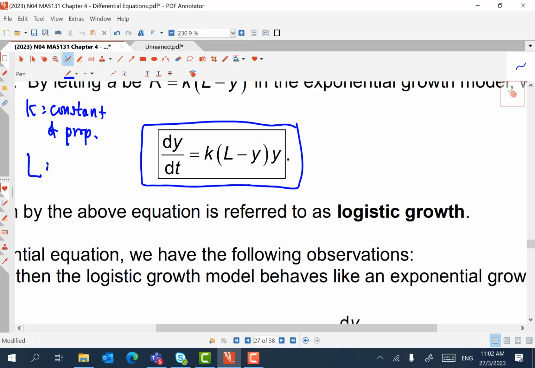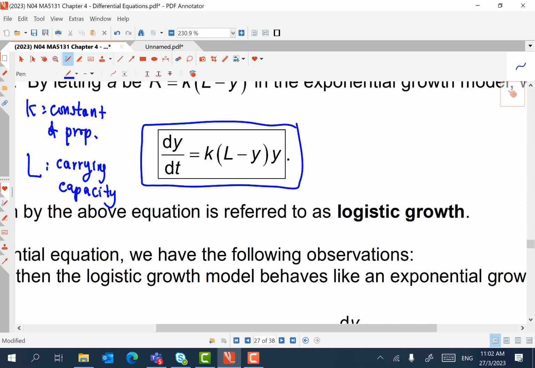This letter L also represents another constant. This constant has a name. It's called the carrying capacity. It's a term that y will approach when t goes very large. You will see it soon.